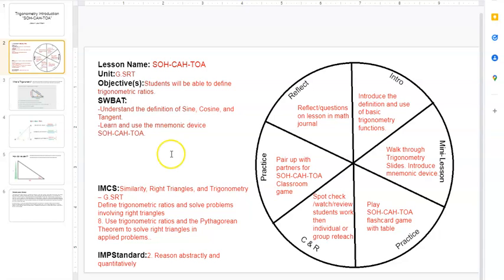So that was kind of a quick and simple run through of how I would do that, and I think this would be a good first introduction lesson to what trigonometry is and why that mnemonic device is useful.